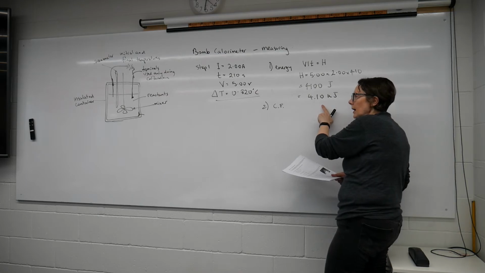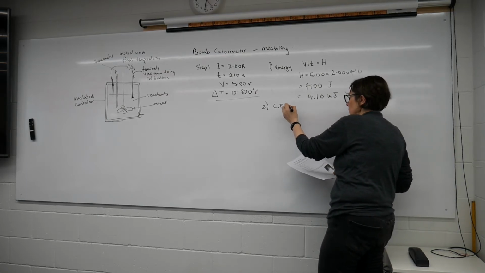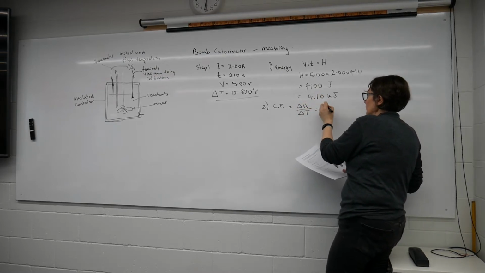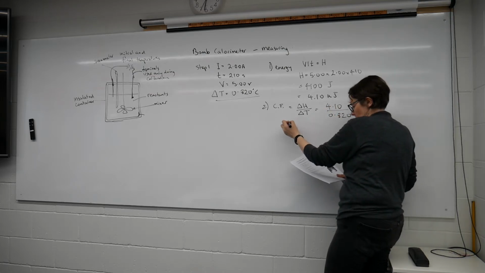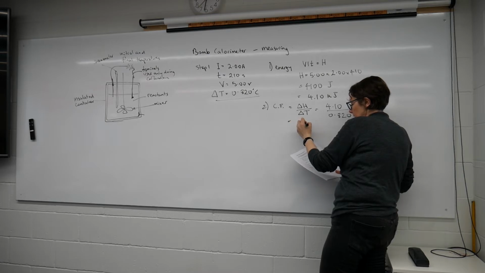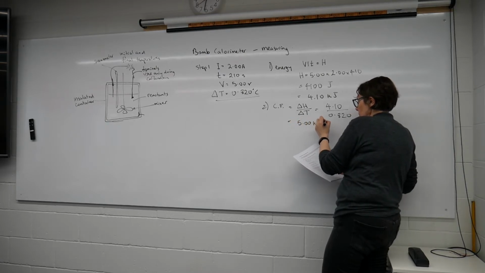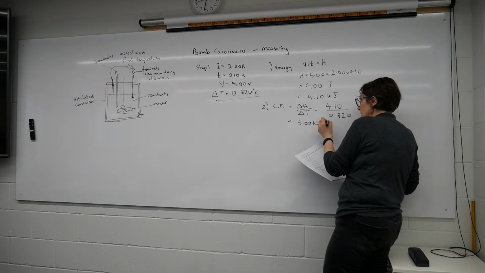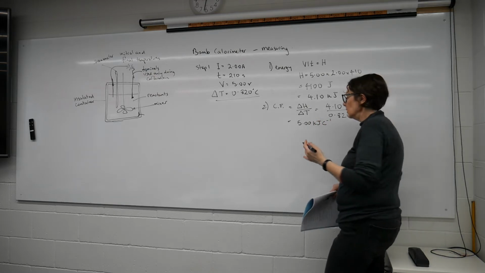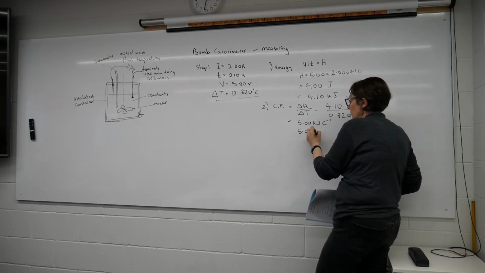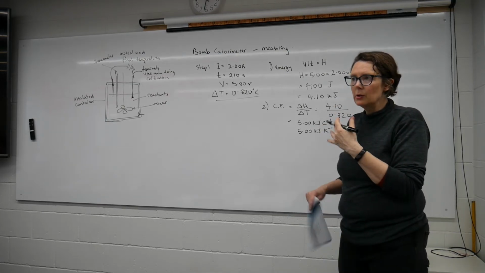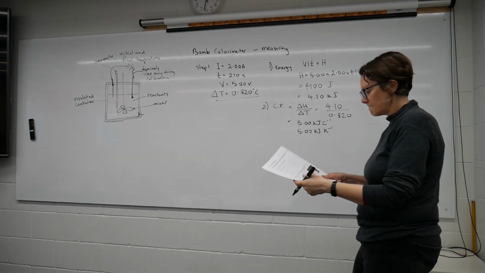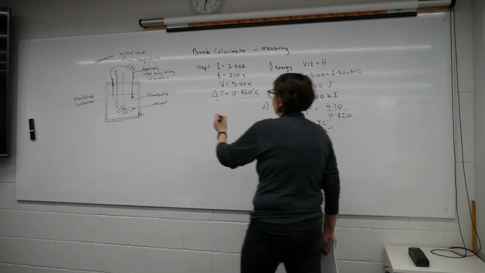So we're going to divide the energy. So this is equal to delta H on delta T, which is 4.1 divided by 0.820 gives us 5 kilojoules per Celsius, per degree Celsius, or it could also be expressed as 5 kilojoules per Kelvin. It doesn't really matter because they're the same increment size. So that was our calibration.